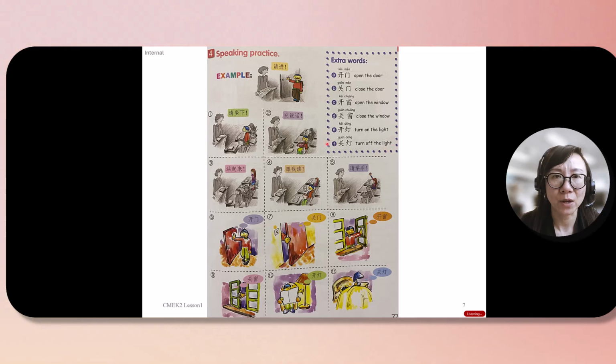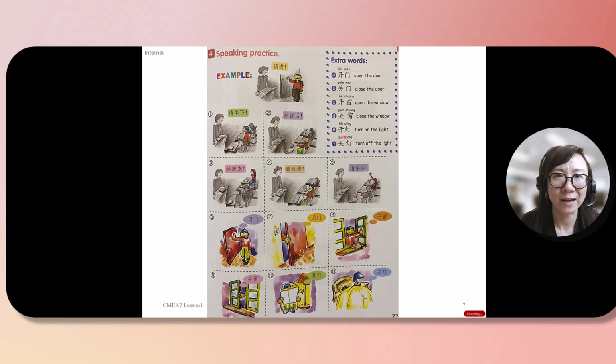And here you may notice that when we say open or turn on, in Chinese we use the same verb, and that is 开, right? So when you say open the door, we use 开门. When you are turning on the light, you also say 开灯, right?